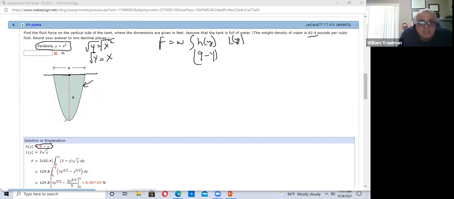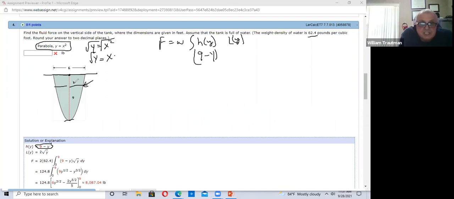This is 9 feet deep. But anyway, if we solve for x, this is what we get at any given point.